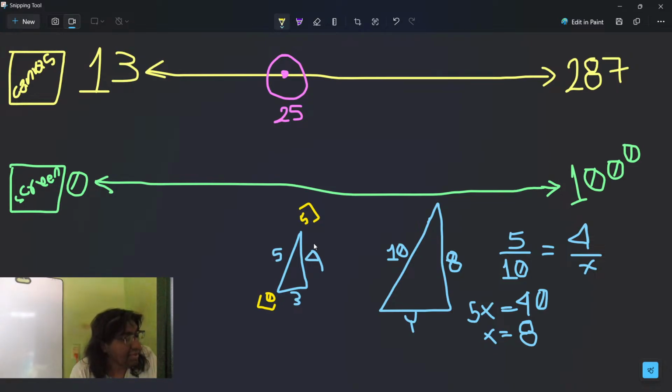So how do we take the length of this line? We say this is A. If I am overthinking this, sorry.